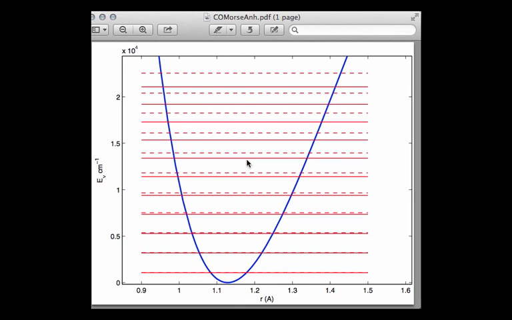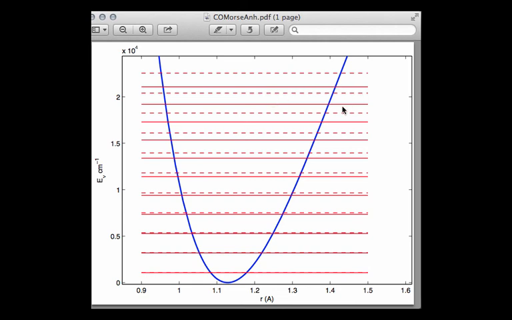Now it's the V equals 6 case. We've dropped down a not unappreciable portion of the total distance between these states. Here's 7. It's even bigger. Here's 8. By 9, the actual V equals 9 state of the CO Morse oscillator is closer to the V equals 8 harmonic case than it is to the V equals 9 harmonic case.